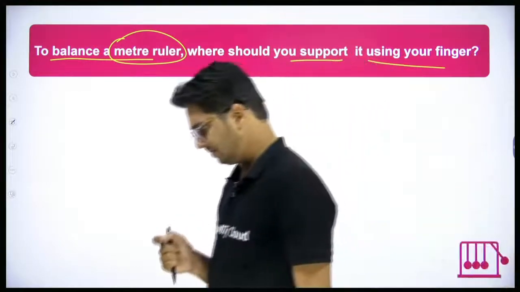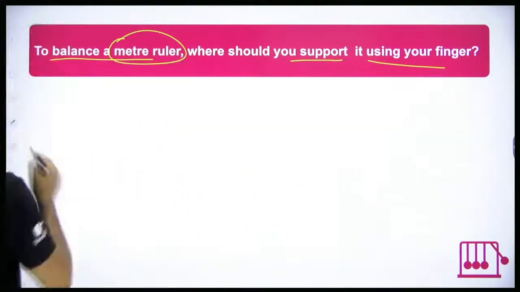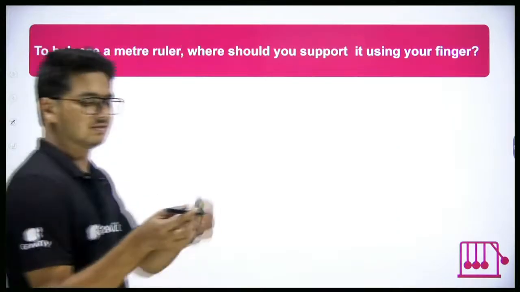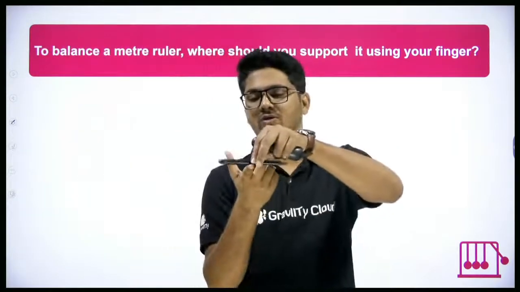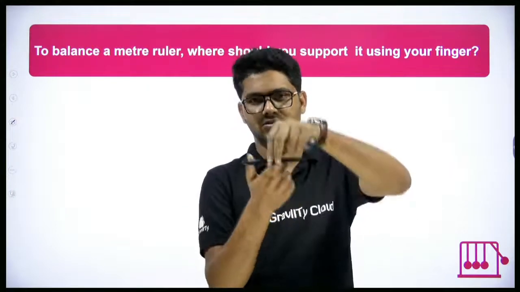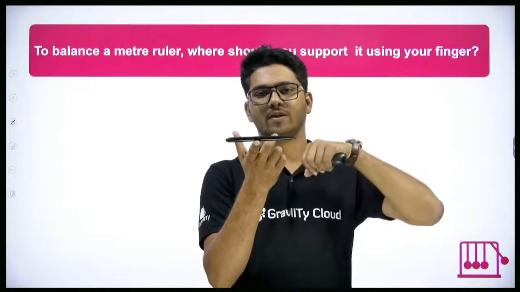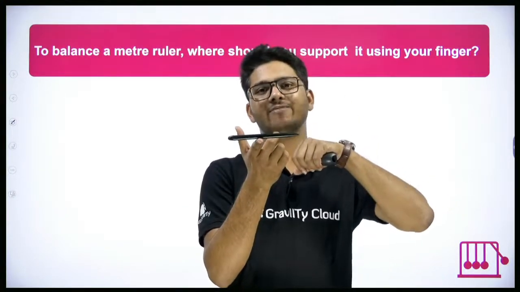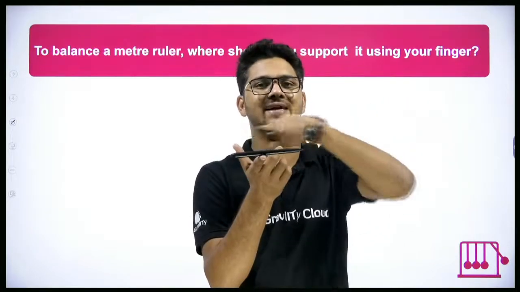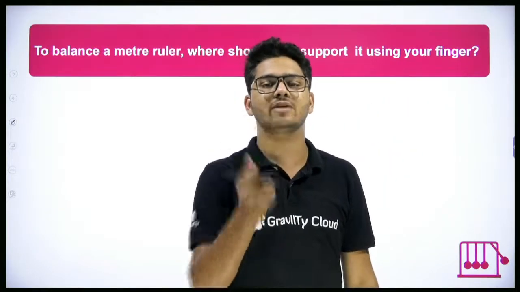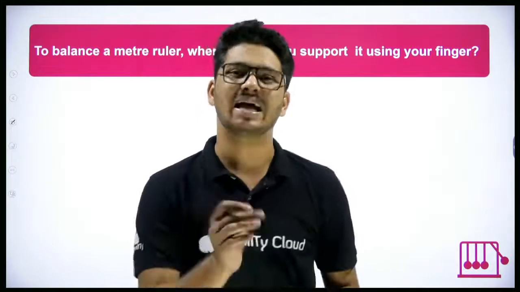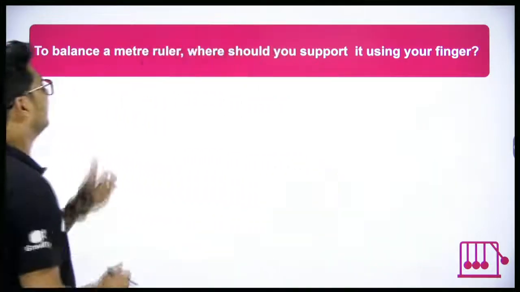It's like balancing a pen on your finger. You can do that, right? The same way, if I have a meter long scale, where should I place my finger so that we can balance it?